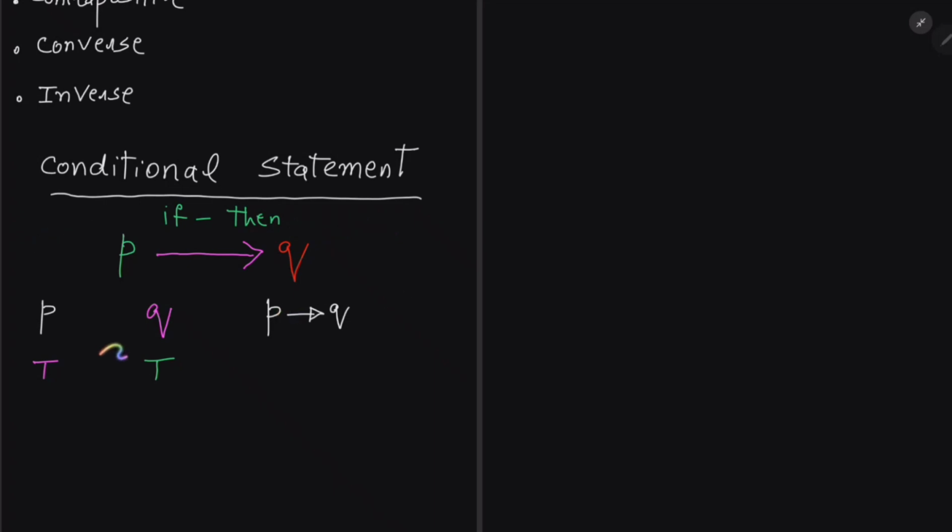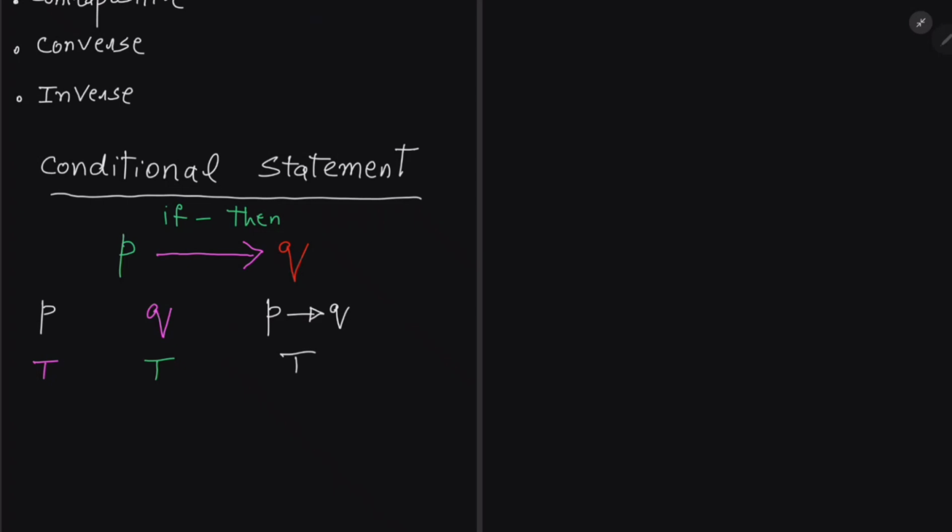So if P is true, it means that we have a true statement P, and the result is also positive. It means that we have a true statement as a conclusion. Then P implies Q is also true.